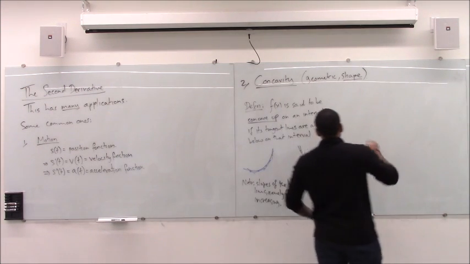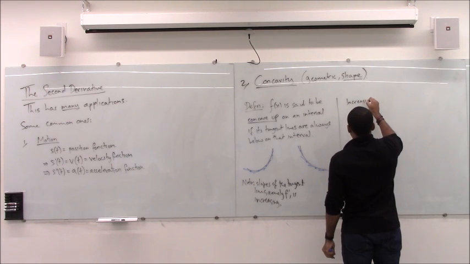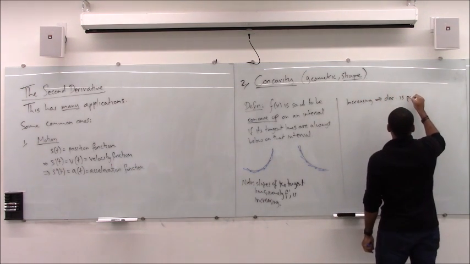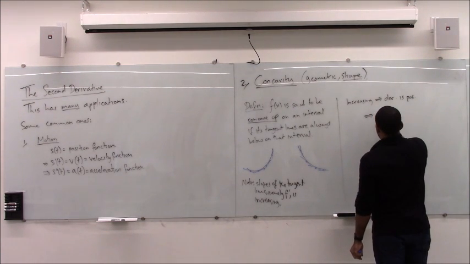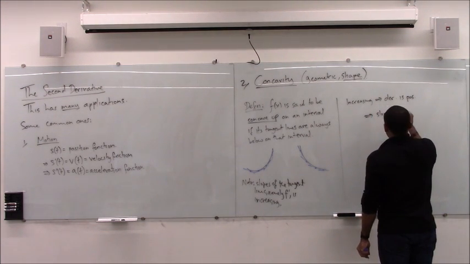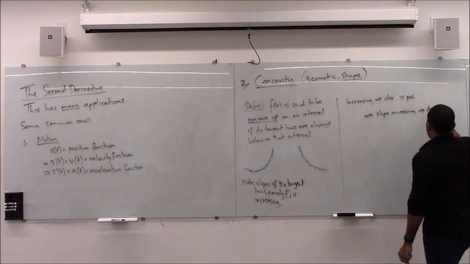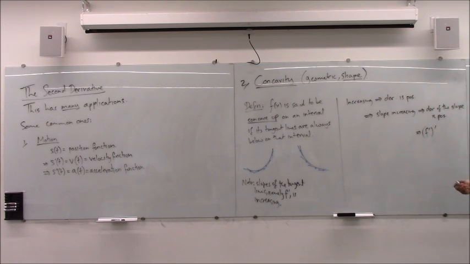And we know increasing means derivative is positive. So this means slope increasing means that the derivative of the slope is positive. But what is the derivative of the slope? This is like taking the derivative and then taking the derivative again, right?